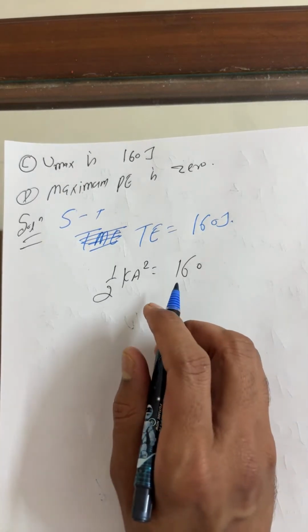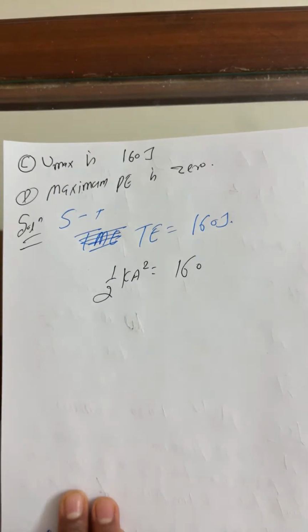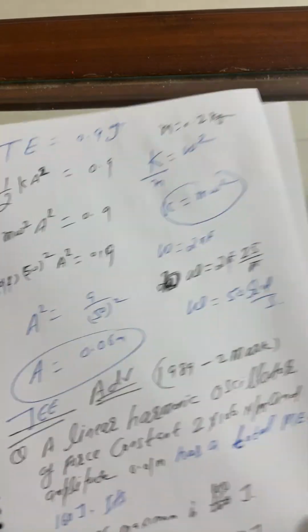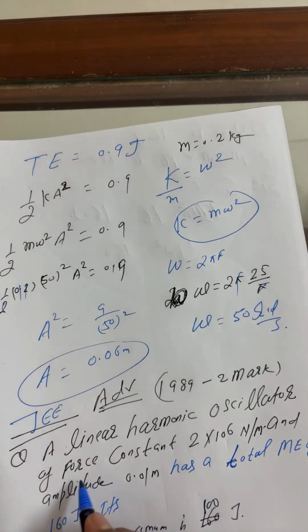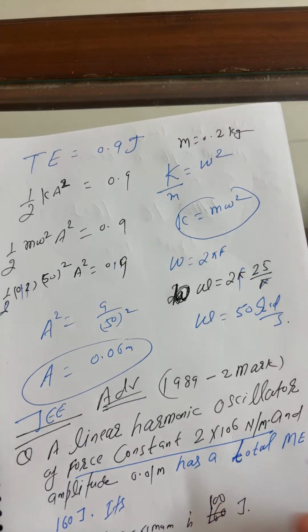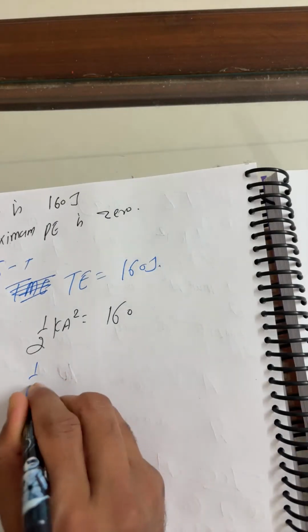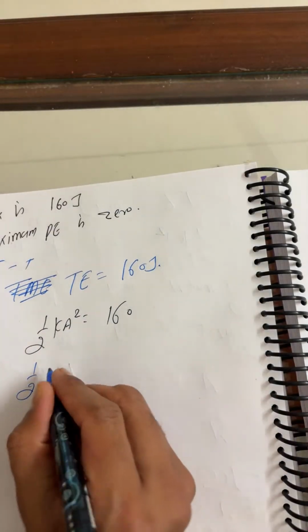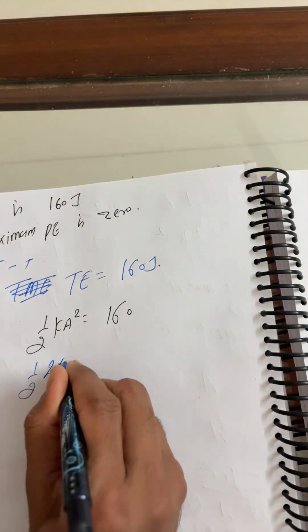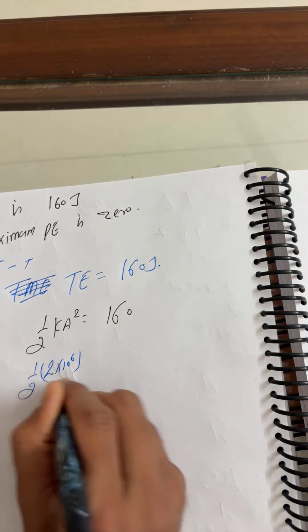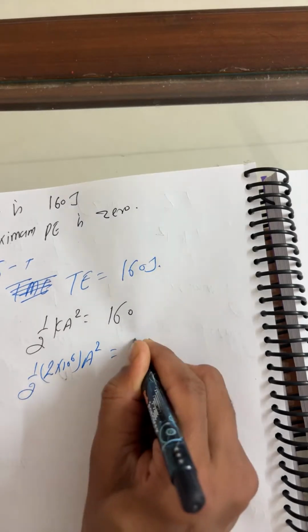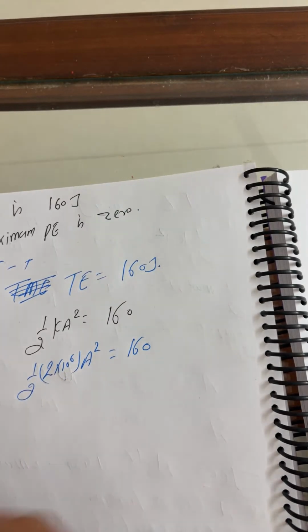K is mentioned in this question, the force constant, so we can easily get the amplitude. Half of K, K is 2 into 10 to the power 6, into A square equals 160.